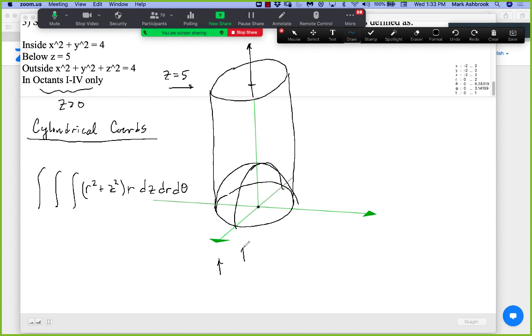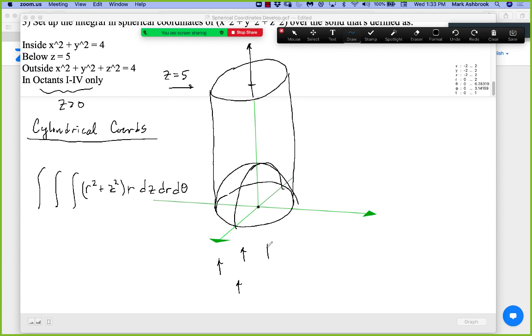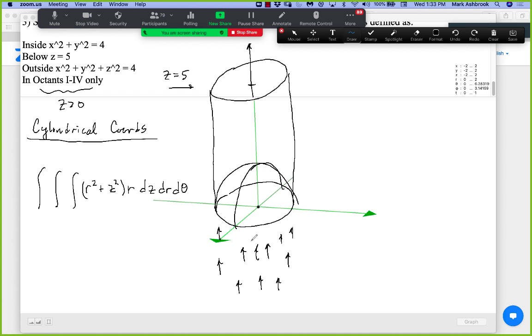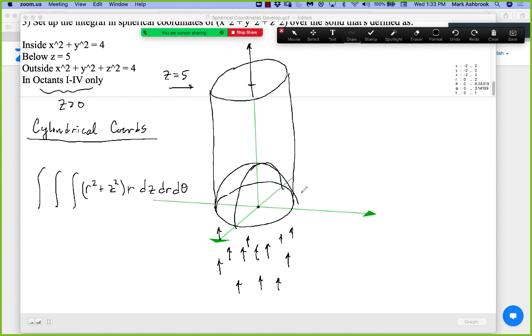The archer fires arrows from below into the solid. Do the arrows enter in one surface or more than one surface? Just the one, only the sphere. Everywhere in the solid, you're always going to enter in the sphere. You're going to pass through the xy plane, and then you're always going to enter the solid through the sphere.